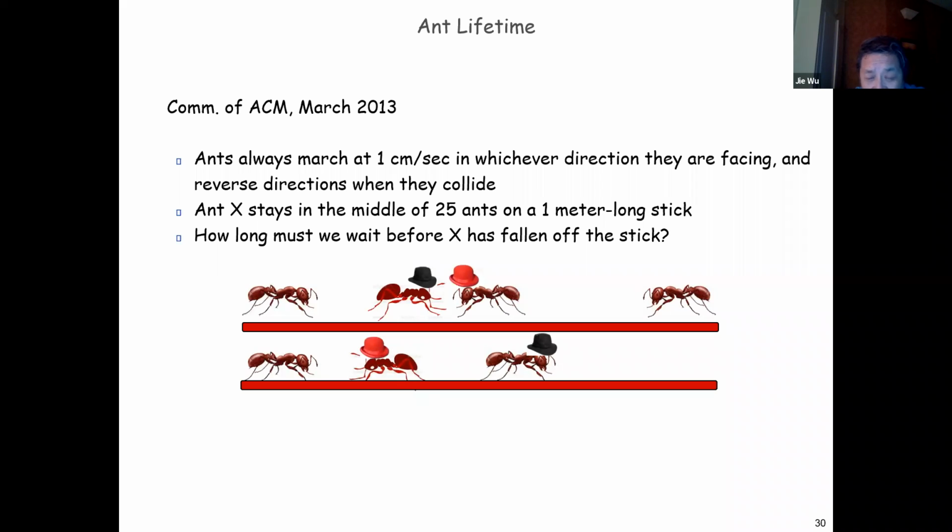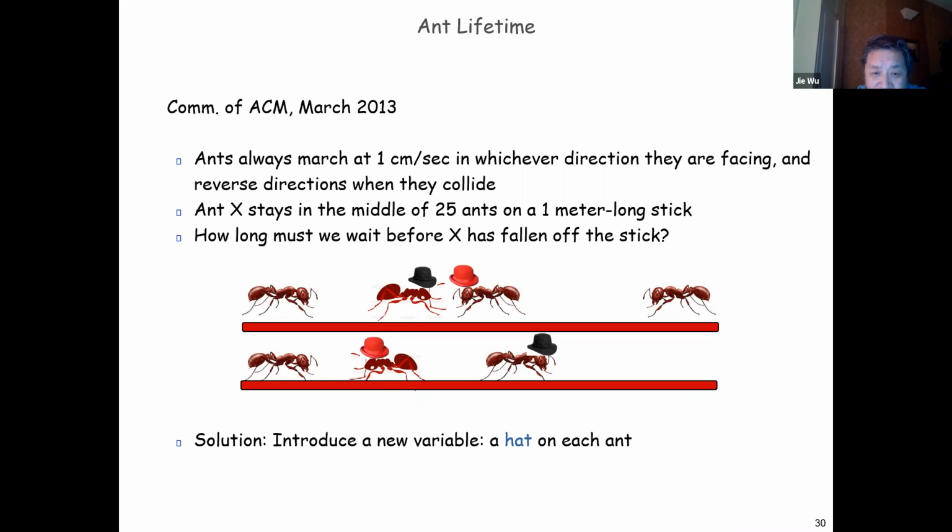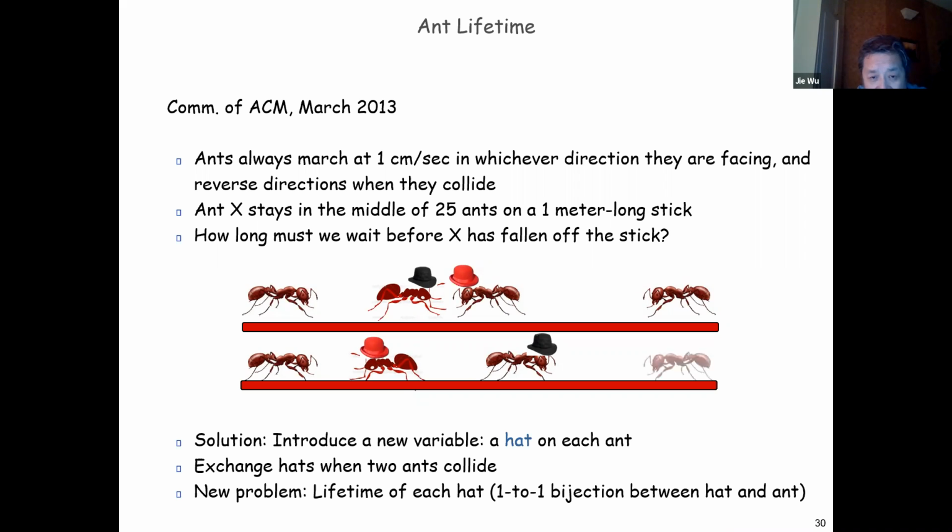Then you pay attention to the movement of the hat and not the ant. The hat always moves from left to right, or right to left. You have a one-to-one bijection between hats and ants, so all you need to do is calculate the lifetime of a hat.